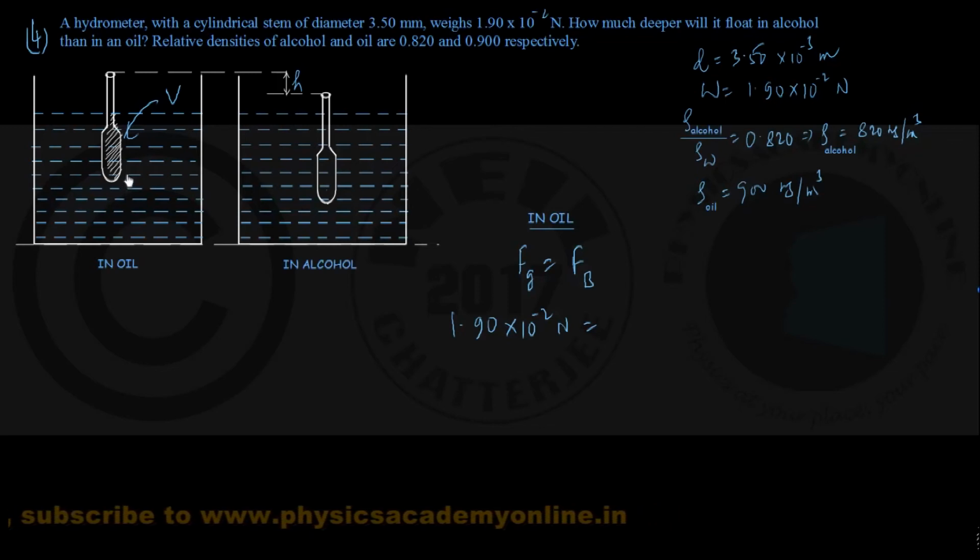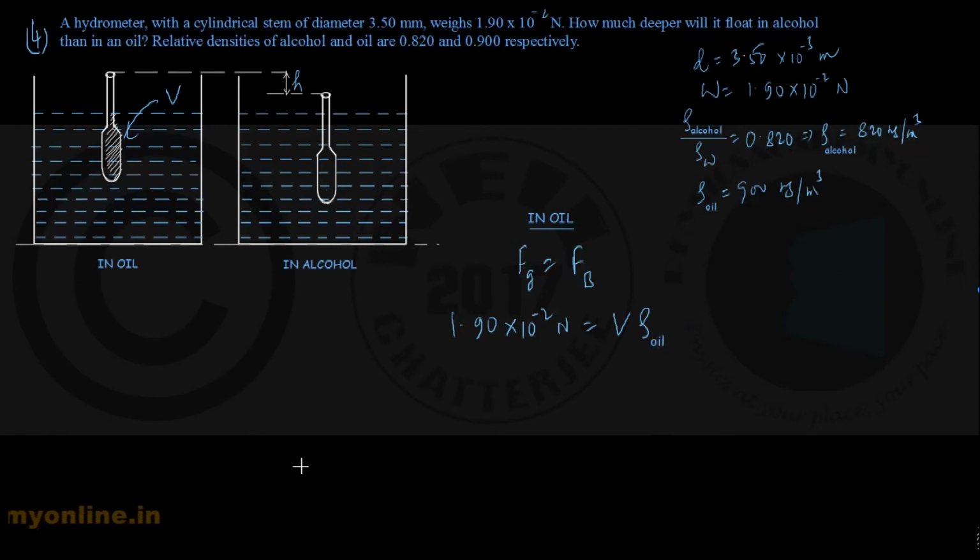So the displaced oil's mass is given by capital V into density of the oil, and multiply this by free fall acceleration g, and you get the weight of displaced oil. That is also the force of buoyancy exerted by the oil onto this hydrometer upwards.